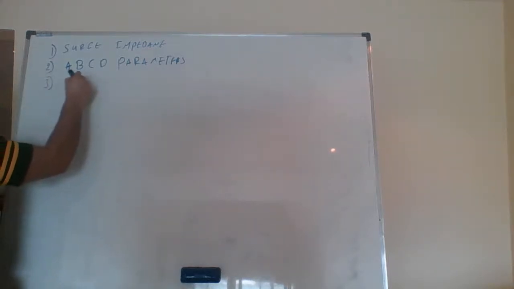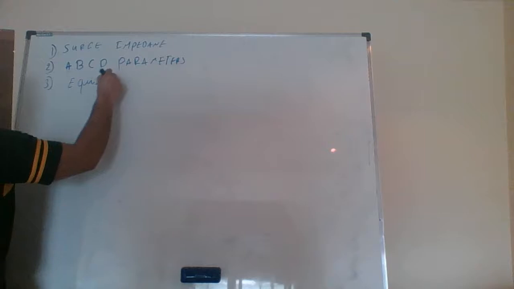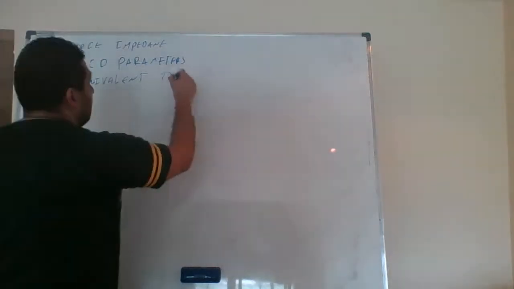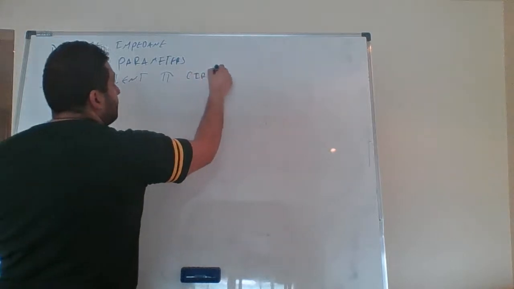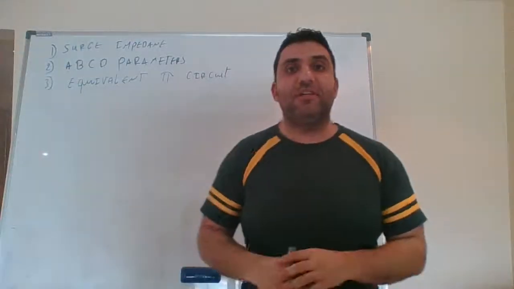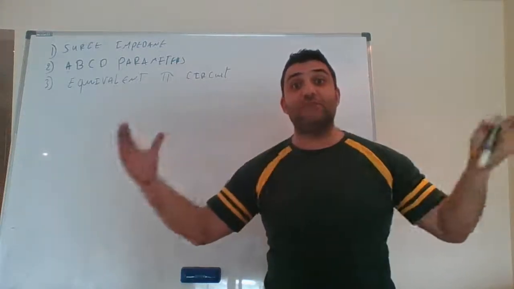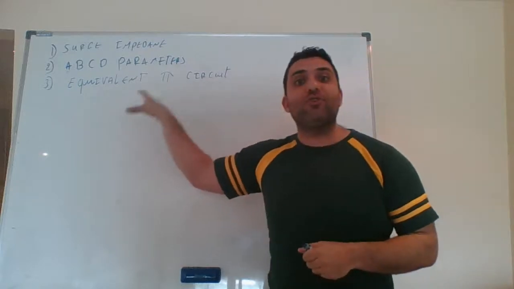After we do the ABCD parameters, we are going to study the equivalent pi circuit representation, to represent any type of transmission line as a pi, and then we focus on the lossless line.